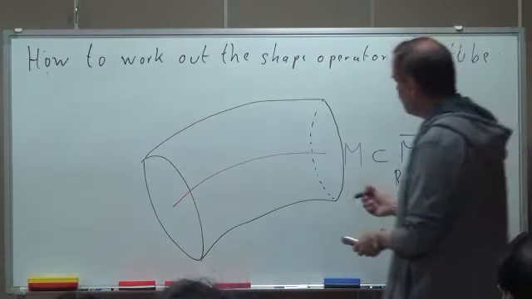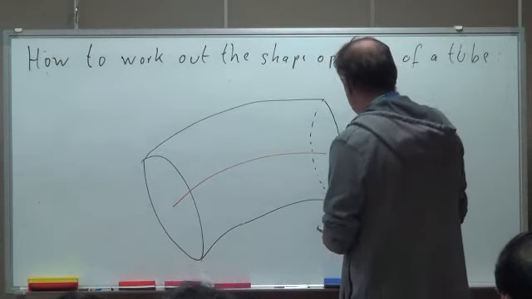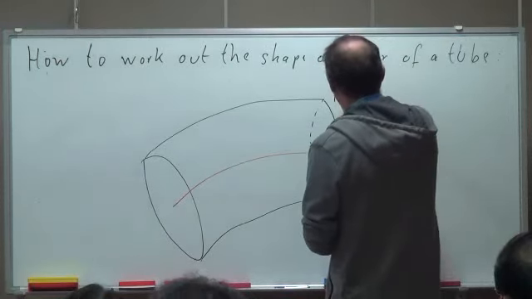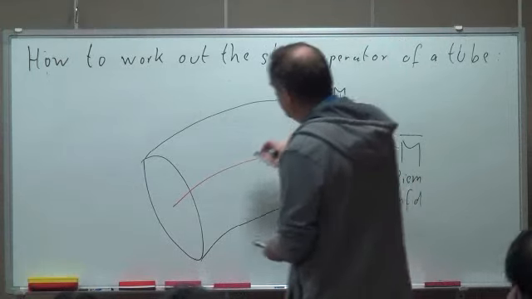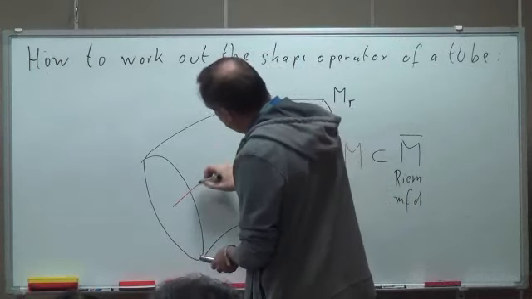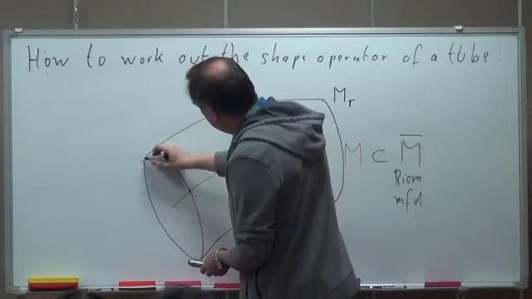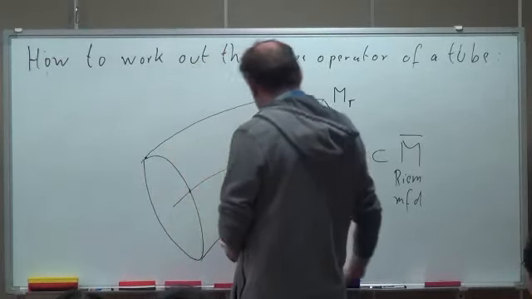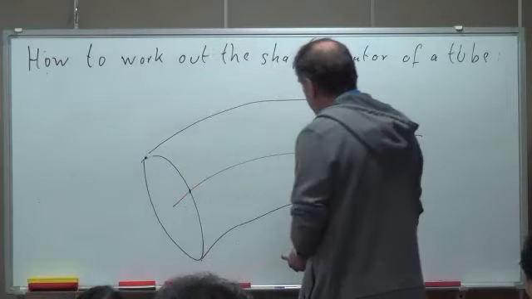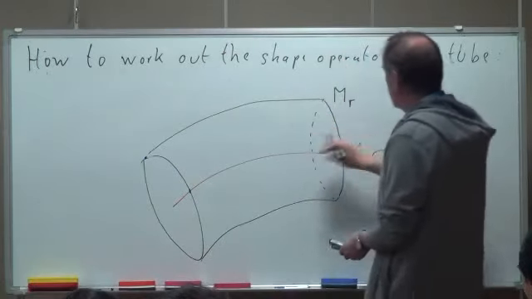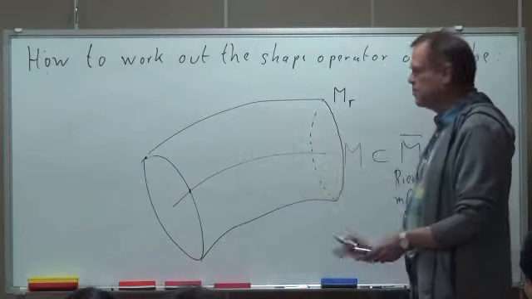Let's denote this tube by Mr. So the distance between M and Mr is r, so it's a tube of radius r.